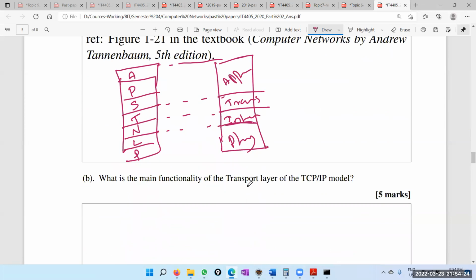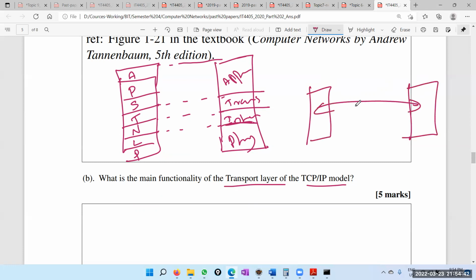What is the main functionality of the transport layer of the TCP/IP model? The task of the transport layer is having the end-to-end communication, right? You have to mention it establishes end-to-end communication or the socket between source and destination, and it takes care of reliability, and also error handling and other things.